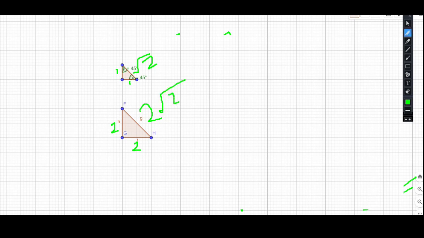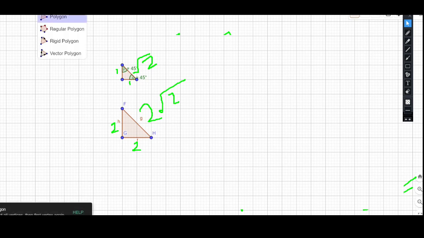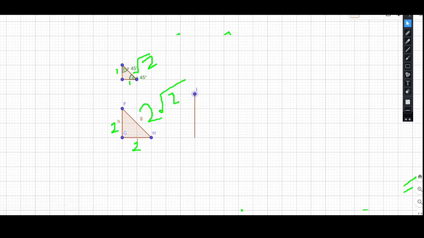Now I am going to draw a triangle with sides 3 and 3. That is the base and altitude, 3 and 3. Then what will be the hypotenuse? Let us find out. This one is also a right triangle with two angles of 45 degrees.